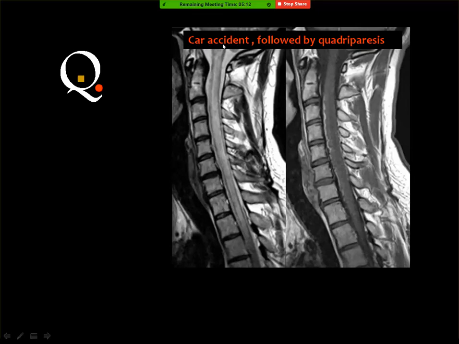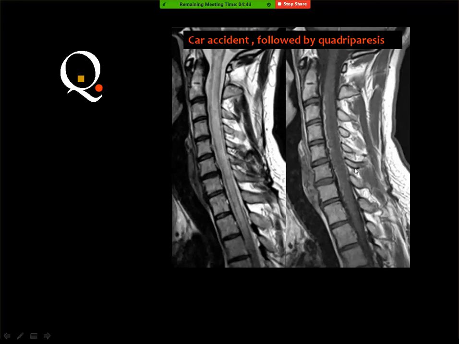There is a car accident followed by quadriparesis. Then transverse myelitis. Okay, wait. This is T2 and this is post contrast. In the T2, you got diffuse swelling of the cord, okay? And this may be due to edema or maybe due to infarction, for example, post-traumatic, okay?